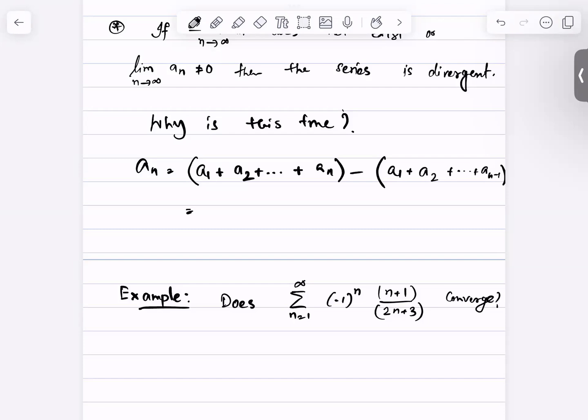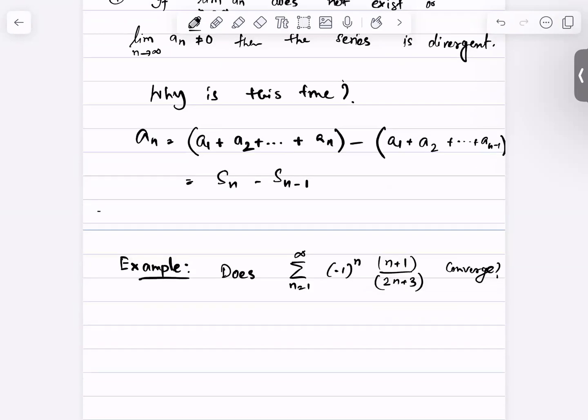Then I'll get an back, but this is Sn minus Sn minus 1. And now if I take the limit as n tends to infinity of an, then that limit should be carried out like this.